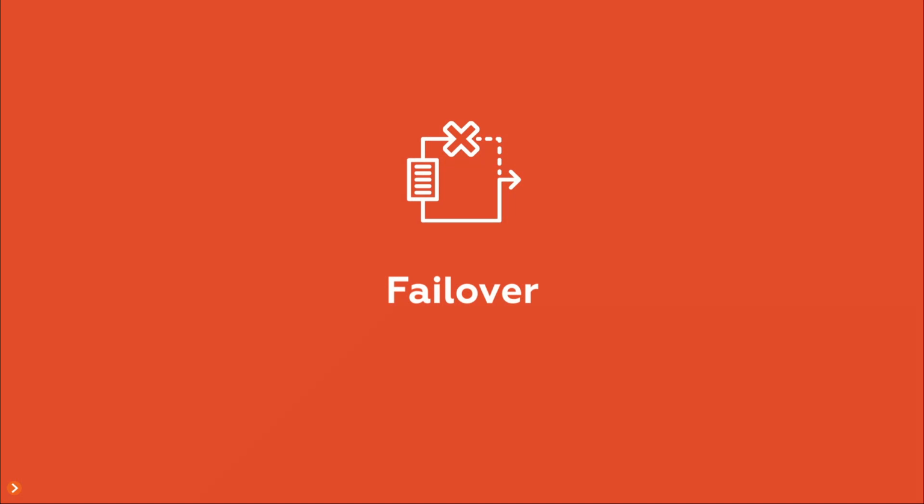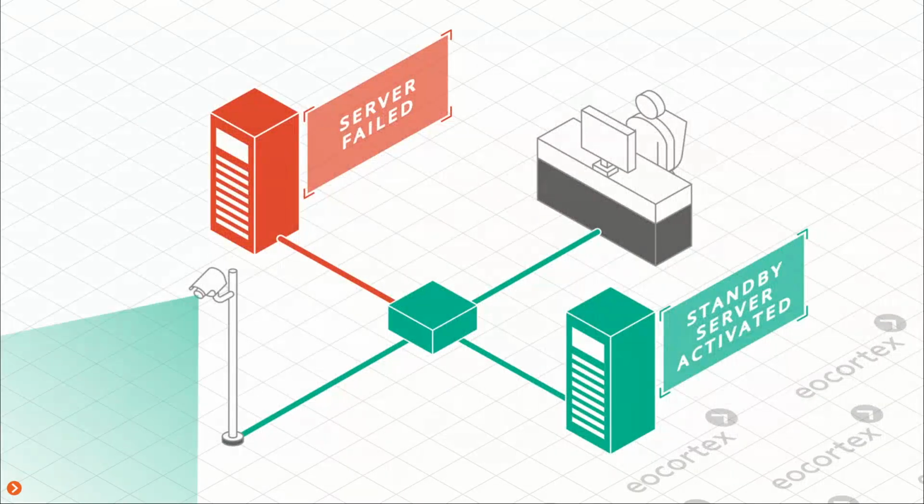Failover is a must. I would say a must for any video surveillance system, but for manufacturing, where a lot of cameras, a lot of servers are likely to be installed, and where all the information is very valuable, the failover is one thing that allows you to prevent this information from getting lost.